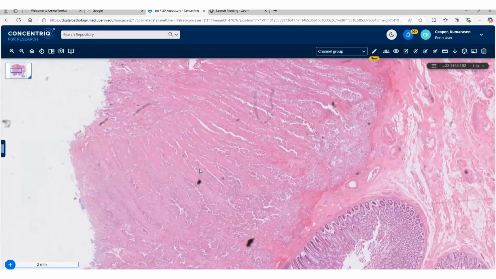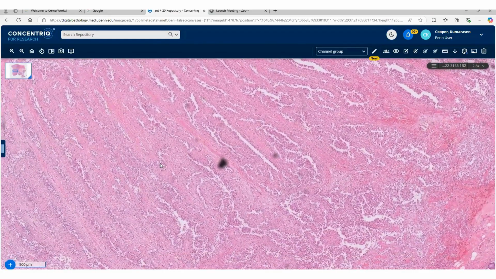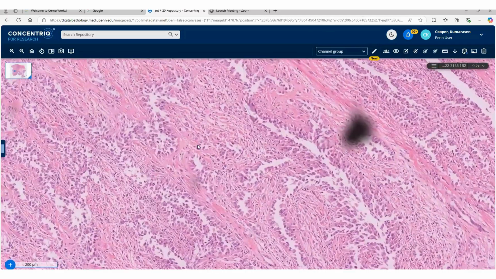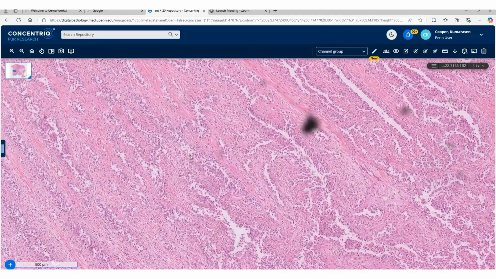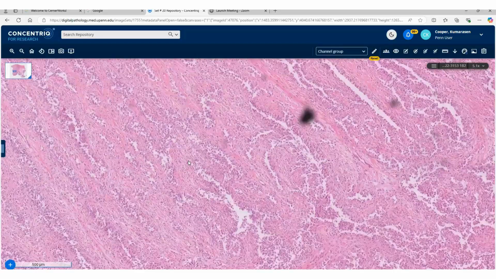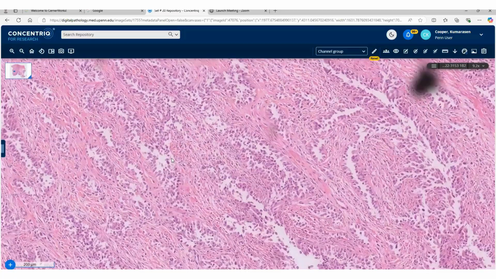What I want to do now is go down on a higher power in order to give you a chance to look at the cytomorphology and the patterns. I try not to give you too much of a description leading towards the diagnosis, but I'll try to help you appreciate the morphology.